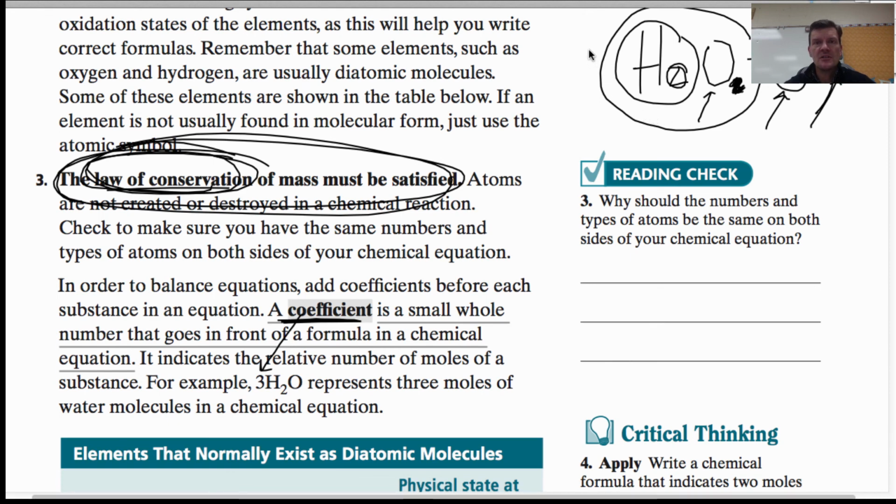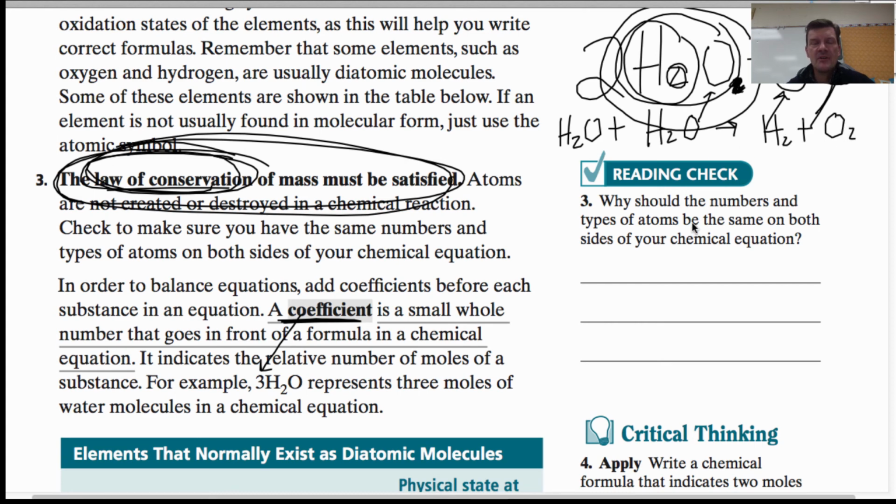So look, if I have water on this side and I need 2 oxygens over here, then I need to double the number of water molecules. That doubles everything in the water formula. So now I have 2 waters. I'll write it like this. 2 water molecules coming together to form my hydrogen and my oxygen.